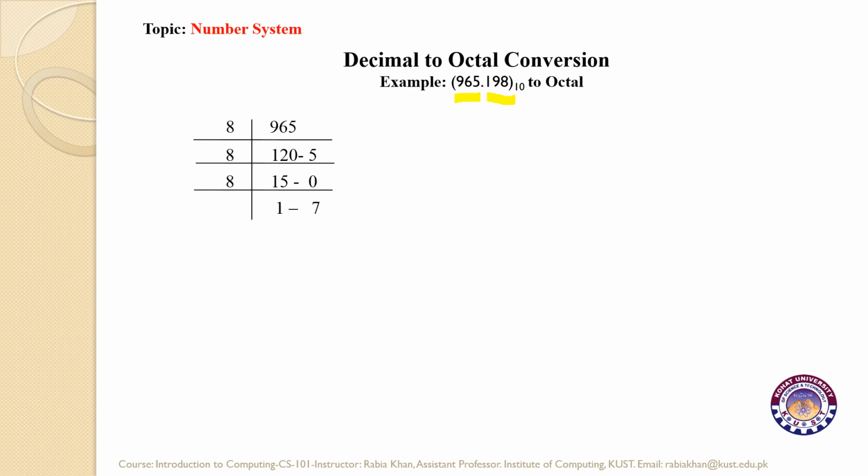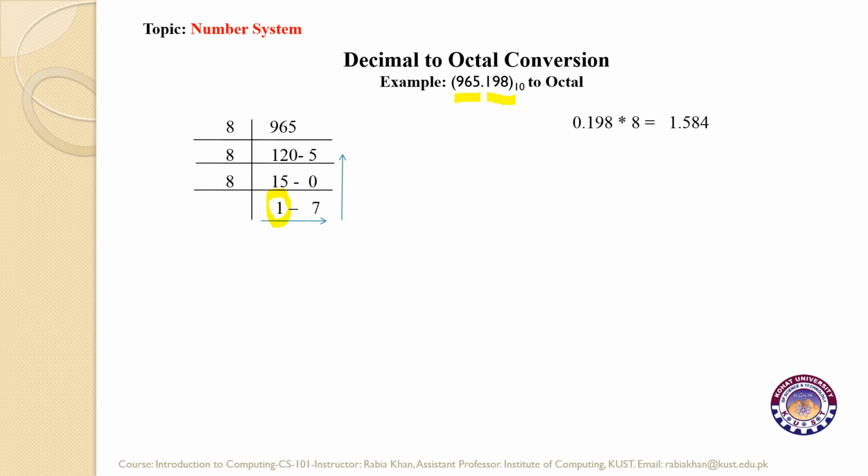Now this 1 is a quotient which is within the range of the octal number system, so it cannot be further divided by 8. Our division process stops here. We need to write down the answer in bottom up manner. But before writing the answer, we need to perform the conversion of the fractional part. The fractional part requires repeated multiplication.